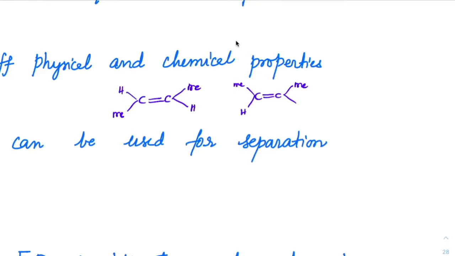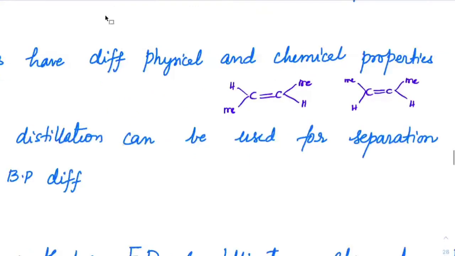If you compare these two, the dipole moment is different for both of them. Because of the difference in dipole moment, as we have seen before, there would be a difference in properties: boiling point, melting point, density, everything would be different. Exactly the same thing follows for diastereomers. So in diastereomers, you'll observe a difference in their physical and chemical properties.